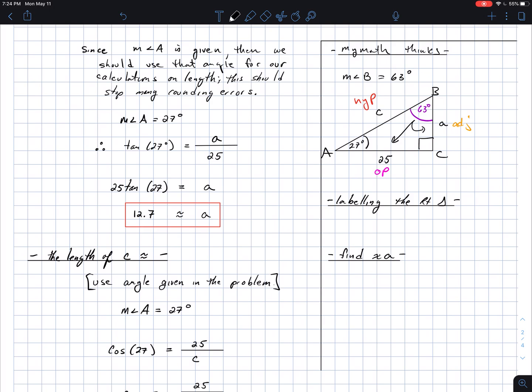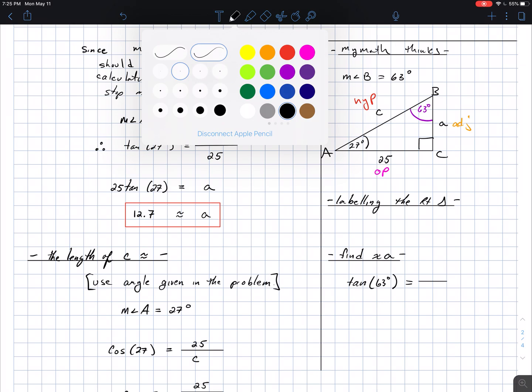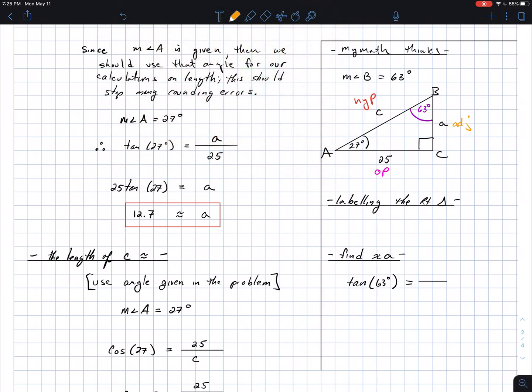And we know a value for the opposite, which is 25. So we are simply going to use the tangent, right? TOA, opposite over adjacent. The tangent of 63 is equal to what over what? 25 is the opposite, right?